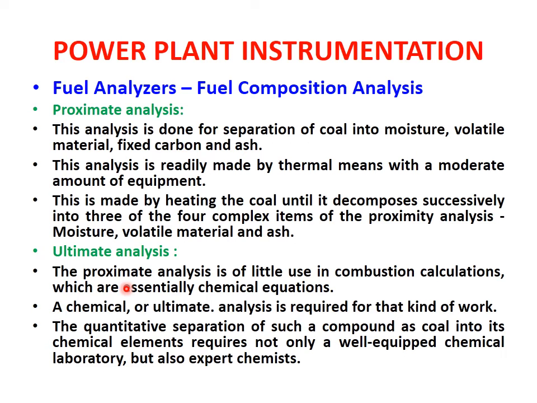So basically, guys, in this lecture particularly, we have observed the various types of analysis equipment, then how to analyze the smoke, how to measure dust, how to analyze the fuel, and how to analyze the fuel composition.